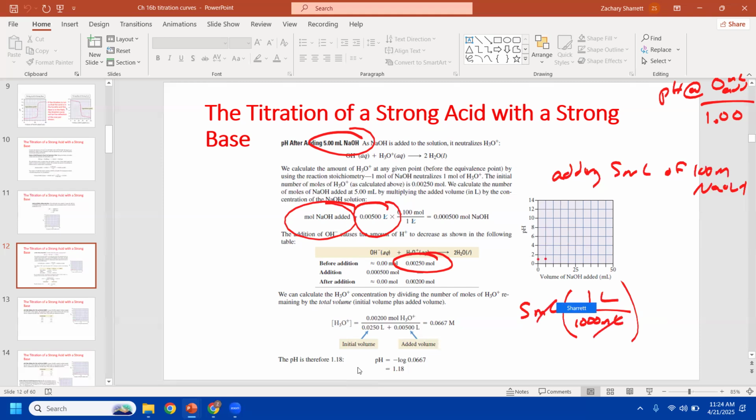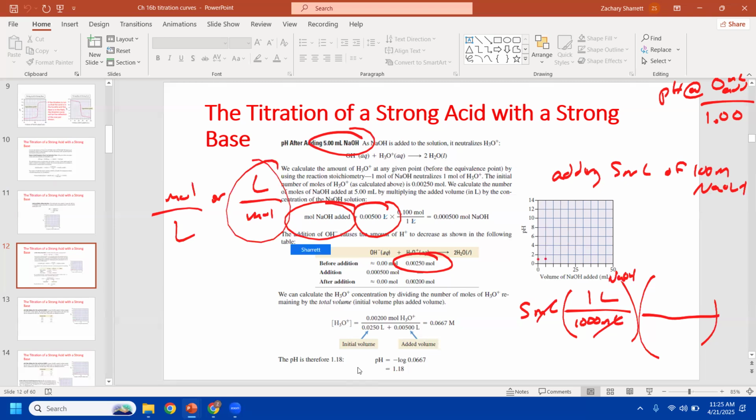This will give us liters of NaOH. Now we're going to use moles over liters or liters over moles in this case. What do we think, Riley, which one do we use? The one on the left or the one on the right? You think this one? What are my units right here? Okay, everybody see? We're in units of liters. If we use the right one, moles will not cancel that liter.